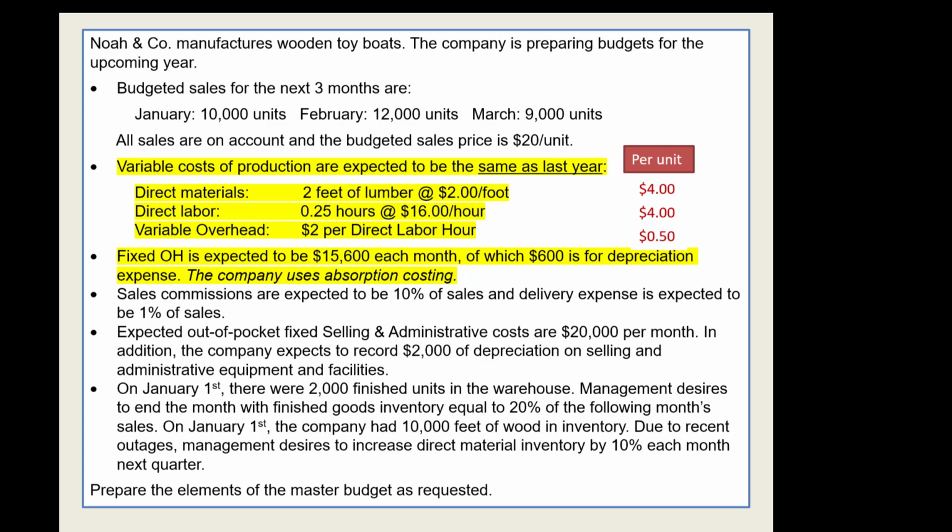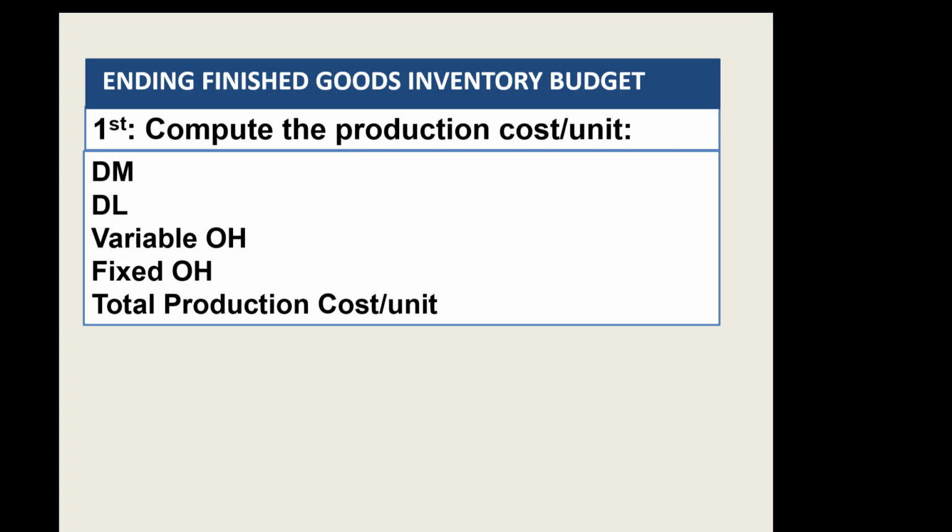Let me remind you that materials is 2 feet of lumber at $2 a foot or $4 a unit. Labor, 0.25 hours at $16 per hour or $4 a unit. And variable overhead, $2 per direct labor hour. The fixed overhead is $15,600 each month. So direct material, $4 per unit.